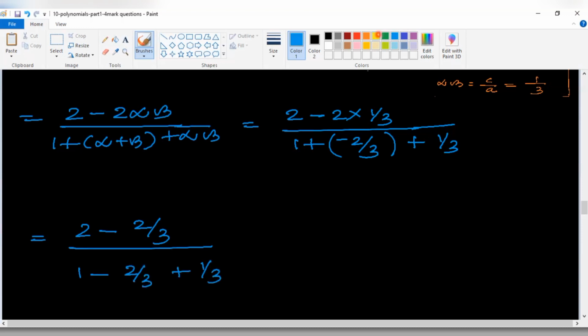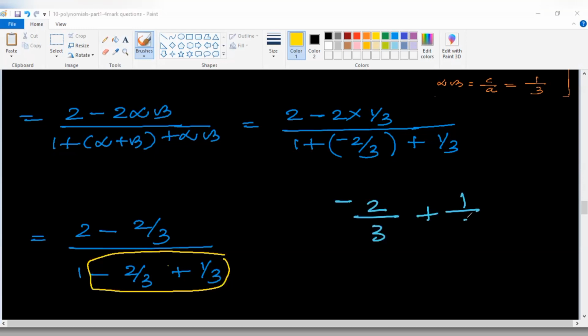See, minus 2 by 3 plus 1 by 3, what is that? Both have the same denominator, minus 2 plus 1, that is minus 1. So it is minus 1 by 3.